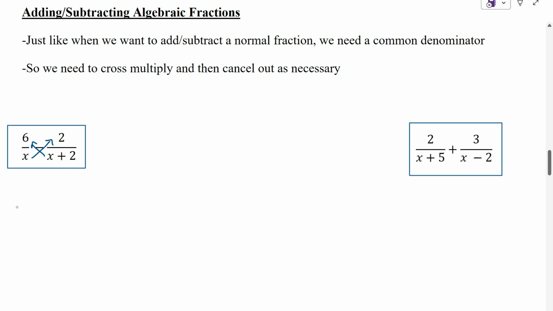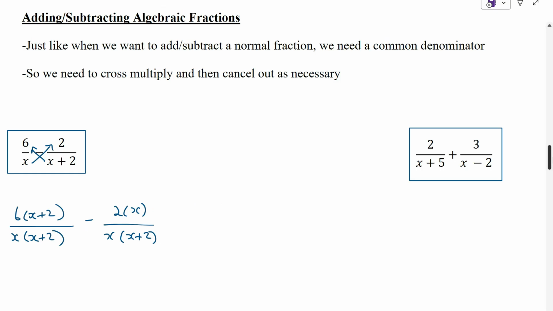So that would give us minus 2 multiplied by x and x multiplied by x plus 2. So you can see here we've now got a common denominator. So we just need to multiply out these brackets and then simplify as usual.